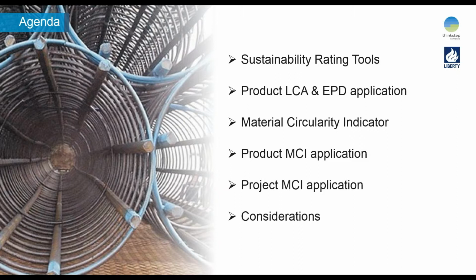We'll then introduce the Material Circularity Indicator and explain how a product's material circularity is calculated, and then how it might be applied into an infrastructure project, or for that matter, a building project, but this example will be infrastructure. We'll talk about a few considerations when you're putting something into that scale, and then finish up with questions.